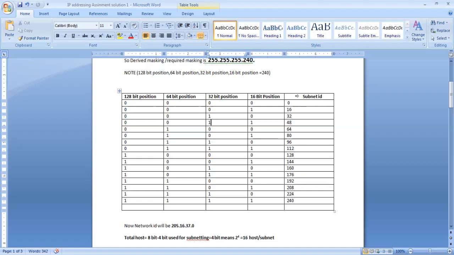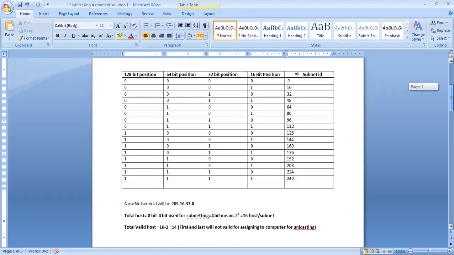The fourth one is 0011, so 32 plus 16, 48. In a similar pattern, we find the subnet IDs for all 16 combinations: 0, 16, 32, 48, 64, 80, 96, 112, 128, 144, 160, 176, 192, 208, 224, and 240. It means an increment of 16.